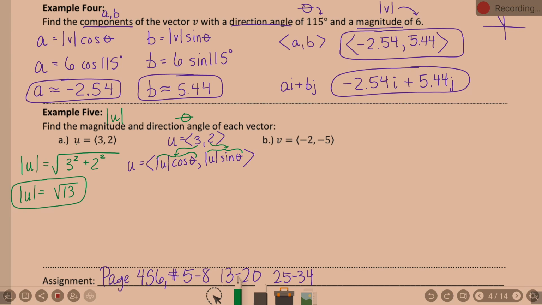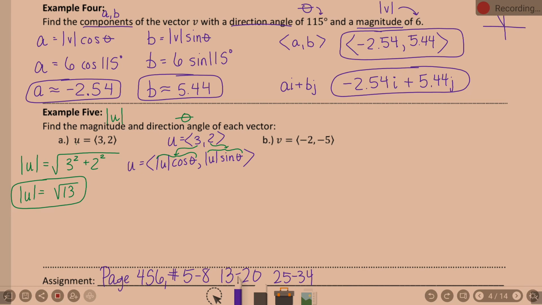Now, what can be confusing is U is also used to note the unit vector, but it doesn't always mean the unit vector, so it does get a little confusing there. But they have U as being one of the examples. Okay. So, we can set up two equations. Or really, we only need to set up one equation.